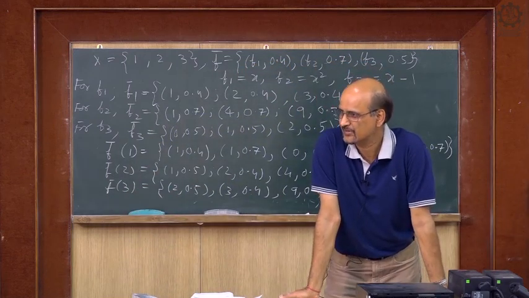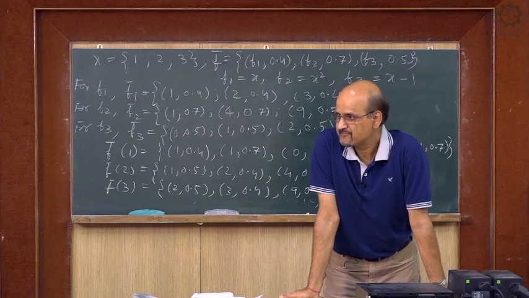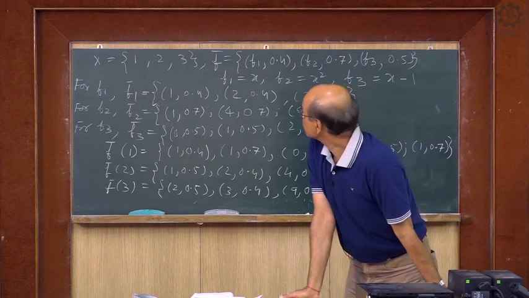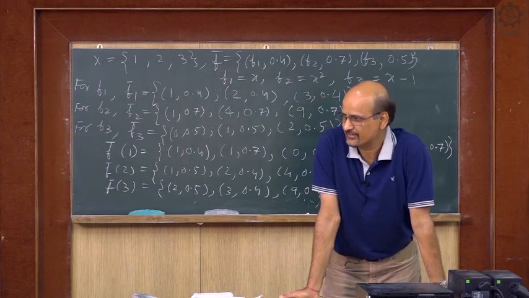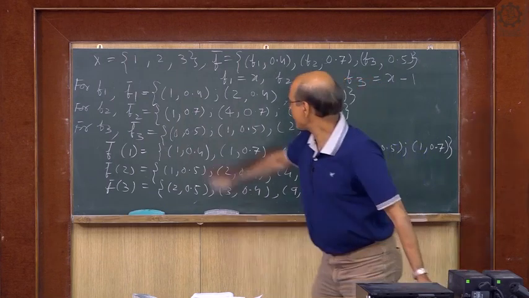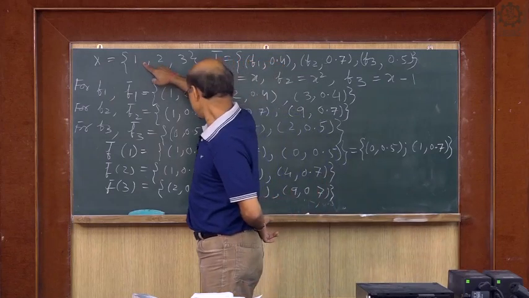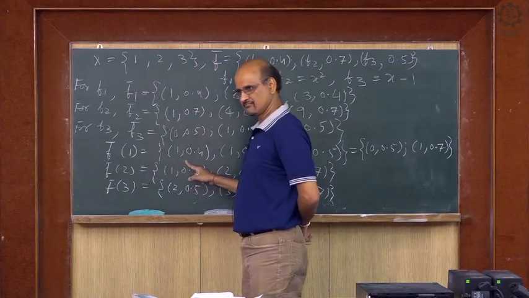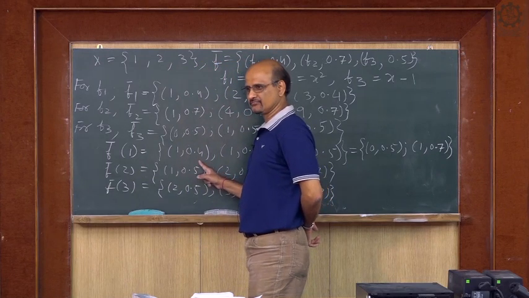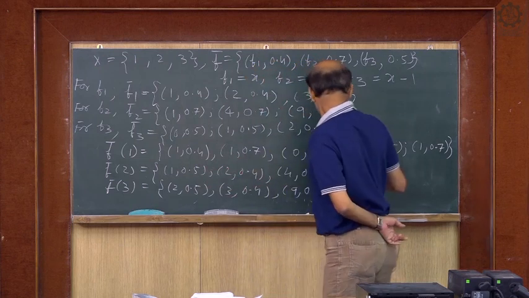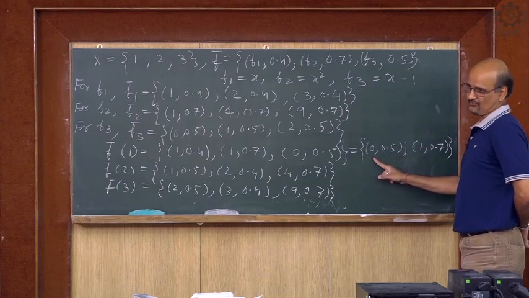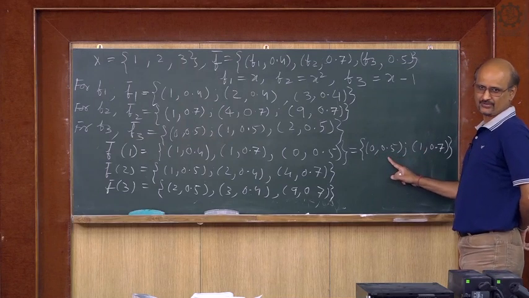Fine. So what are you seeing by this? F bar is a mapping from X, your crisp set. You are getting fuzzy. Okay. So for 1, the mapping f bar gives 1 with possibility 0.7 and 0 with possibility 0.5.